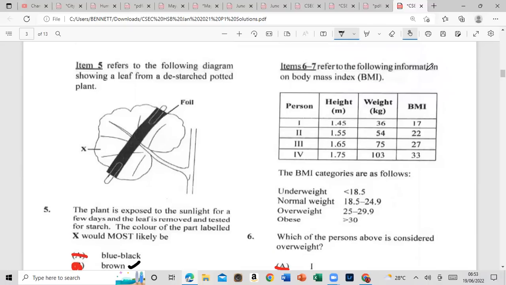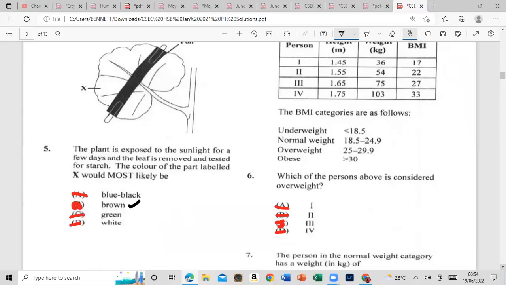Item 6 refers to the following information on the body mass index, or the BMI. The BMI categories are as follows: underweight, less than 18.5, normal weight between 18.5 and 24.9, overweight between 25 and 29.9, and obese greater than 30. Number 6 says which person above is considered to be overweight? The ones greater than 30?